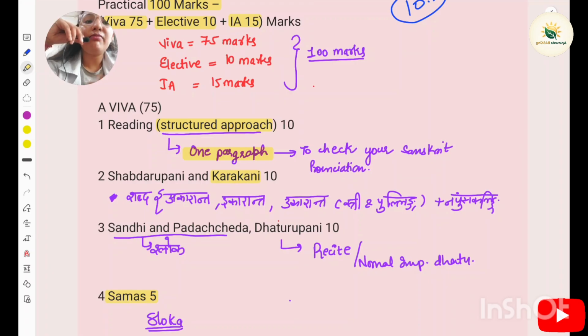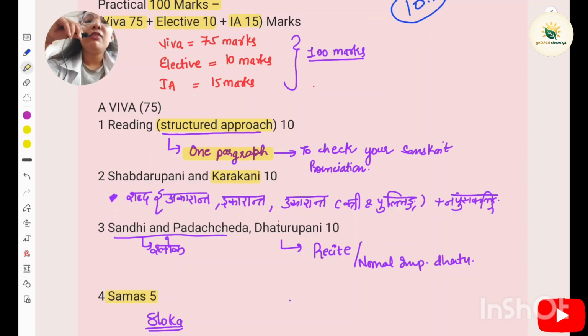It's good if you can remember them, or at least you can do one thing: surely remember one shabda. If the external is not that scary, he can give you the chance to recite any shabda you know, so in that case you can decide which one you have studied.